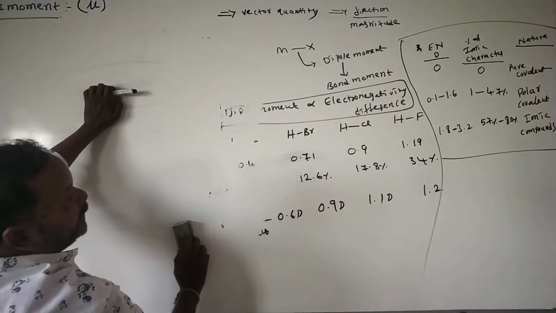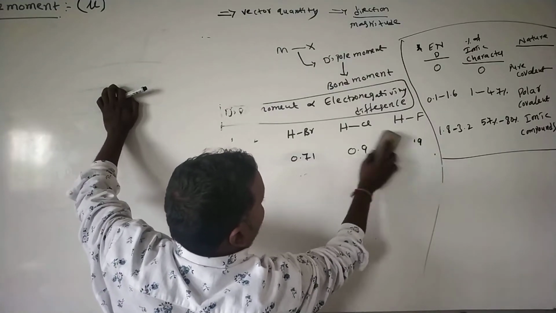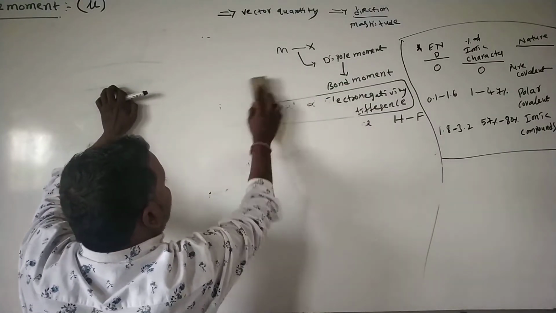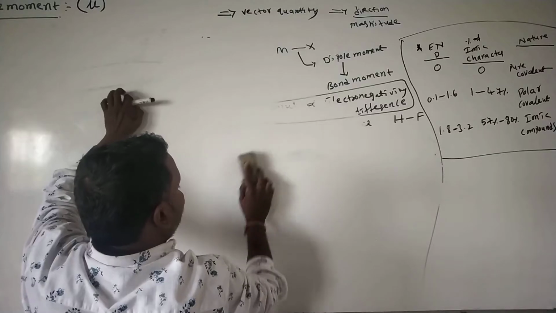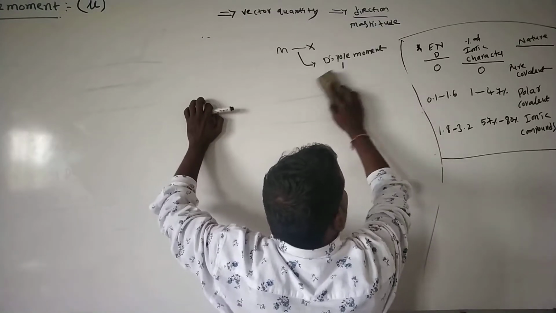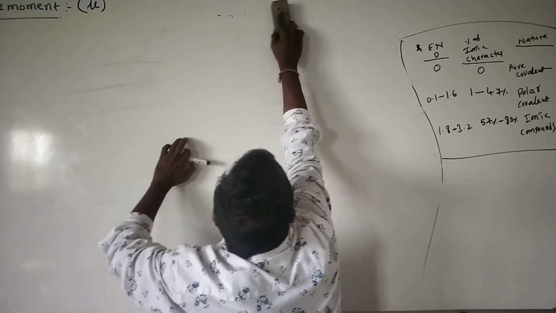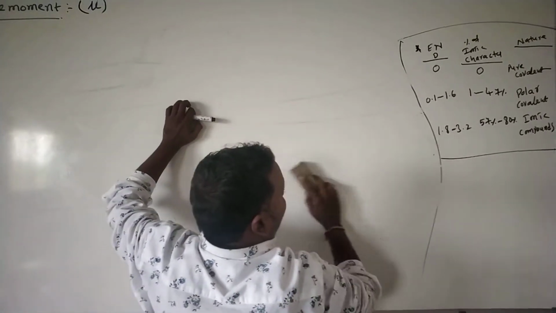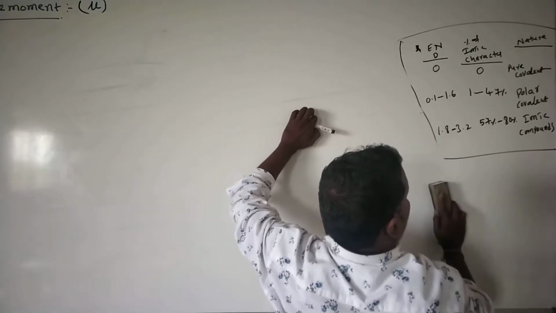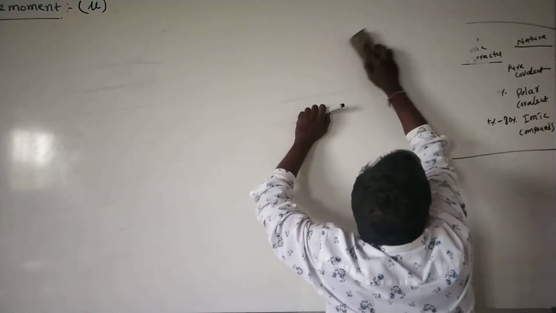If the electronegativity difference is 1.8 to 3.2, those molecules we simply consider as ionic molecules. This is about the relation between electronegativity difference and nature of the molecule.